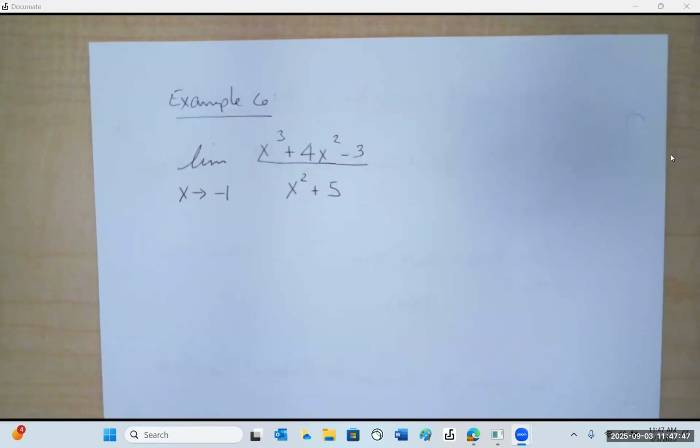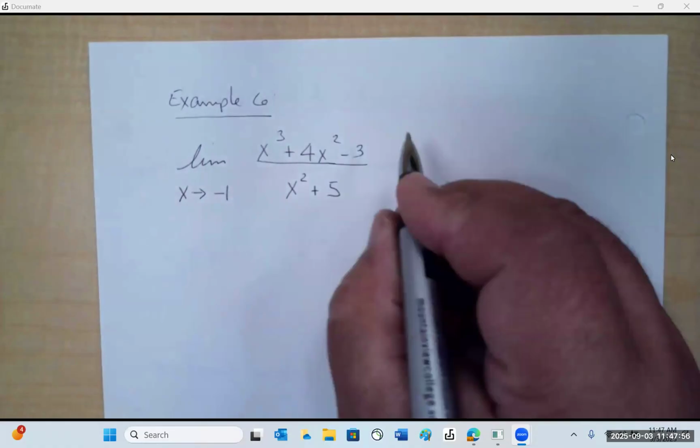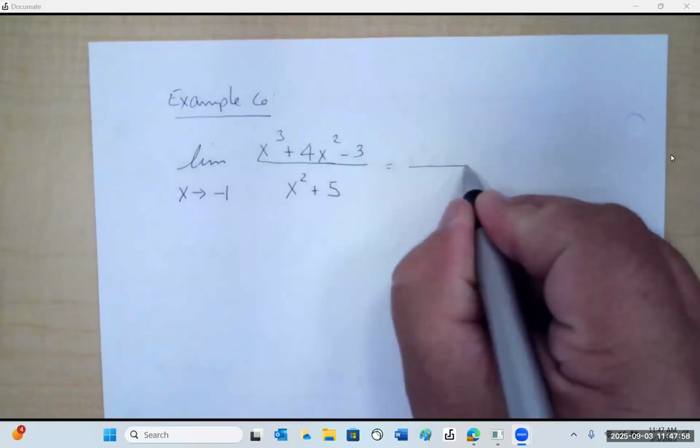So what would you do here first? Should I separate them? You could, but is there something faster we can do? Plug it in. The first thing we're going to do is plug in -1.